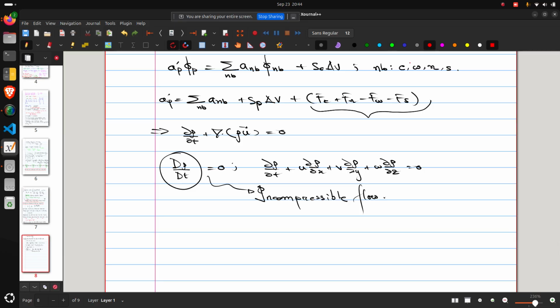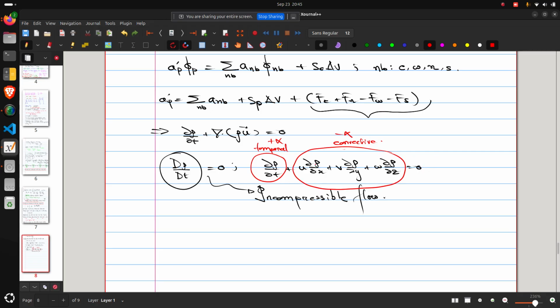The material derivative comprises this temporal part and this convective part, right. These two can individually be 0 and result in a 0 material derivative, or this can be some positive alpha value, this can be some negative alpha value, and these two can cancel and also result in a 0 material derivative, right.